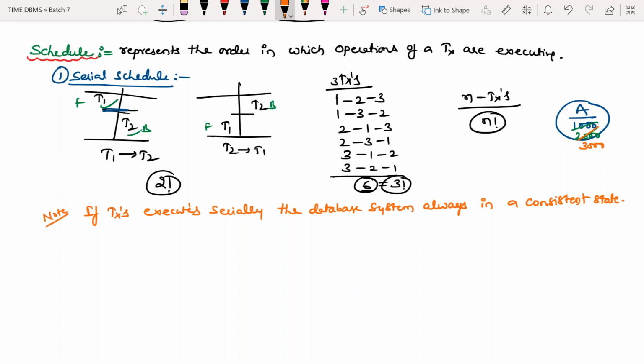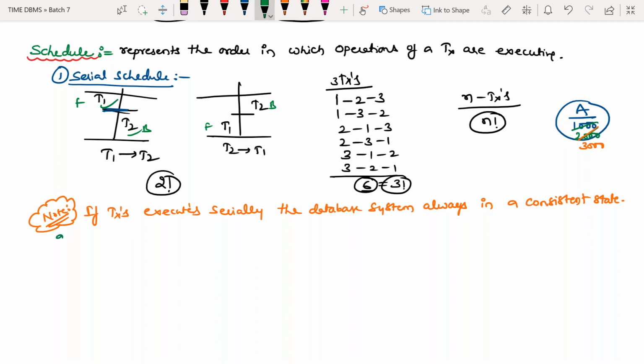This is a note point. A serial execution always leads to a correct state of the system. It should never be an incorrect state. And if transactions are executing concurrently, it may lead to an incorrect state.